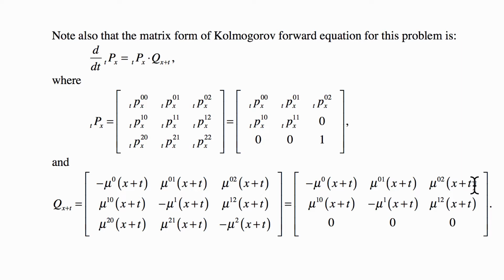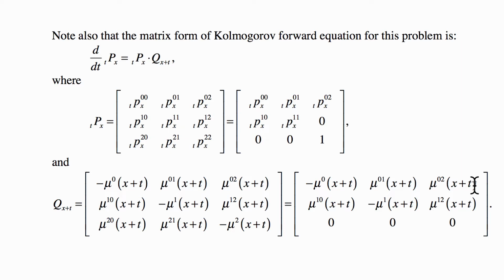And in this case, by the way, we know that the forces of transition out of state 2, which is absorbing death, there is no coming back from it, so there is no force for coming out of it. So all the entries in the last row of this generator matrix are 0.